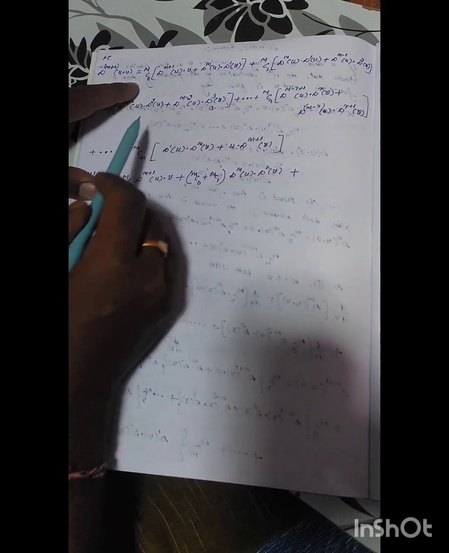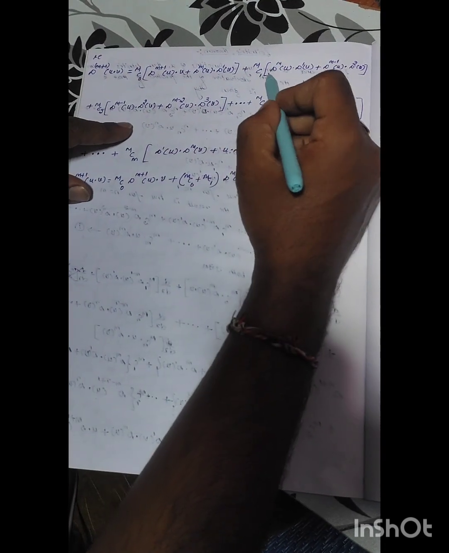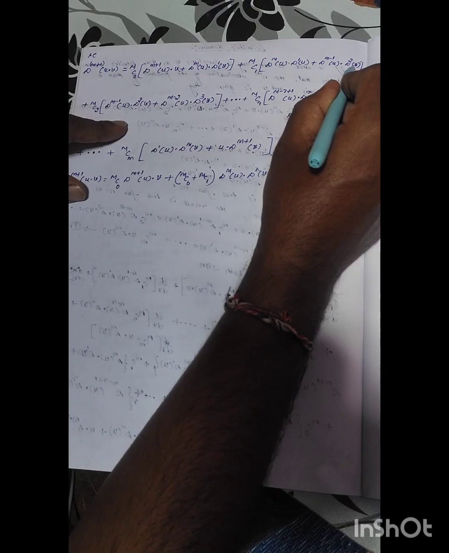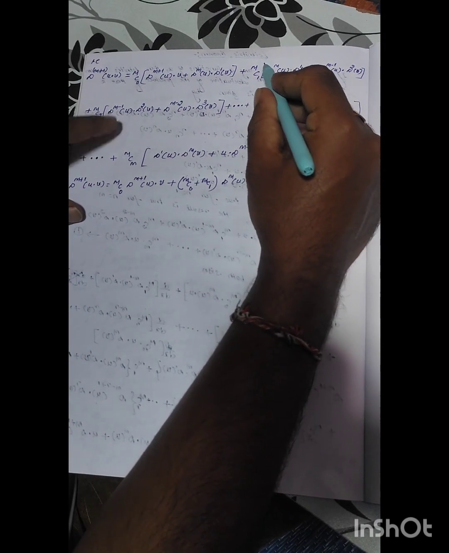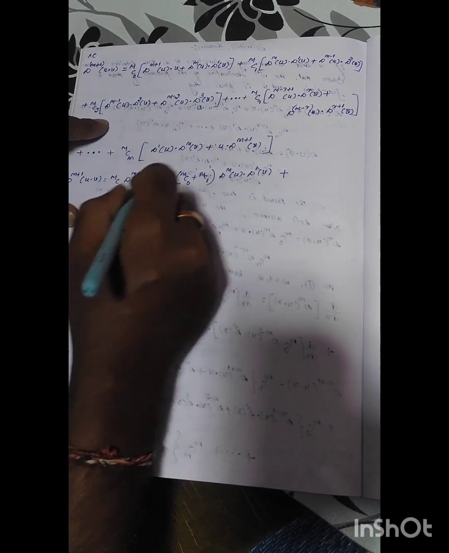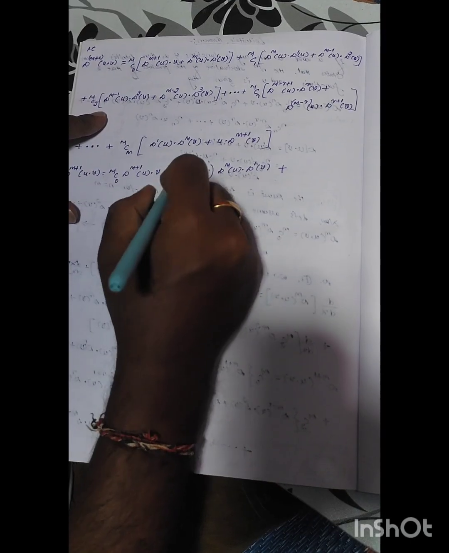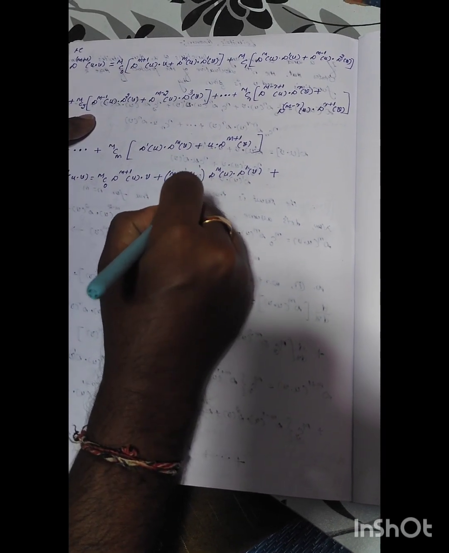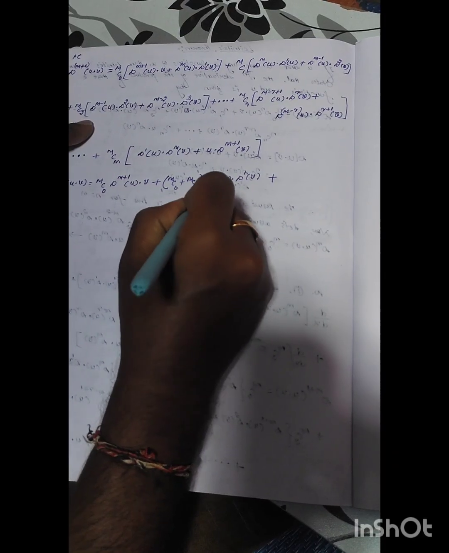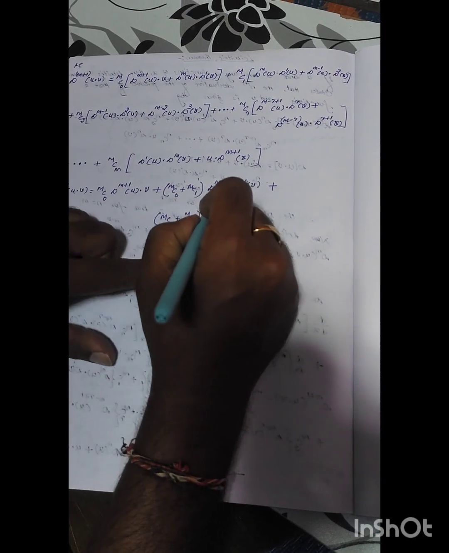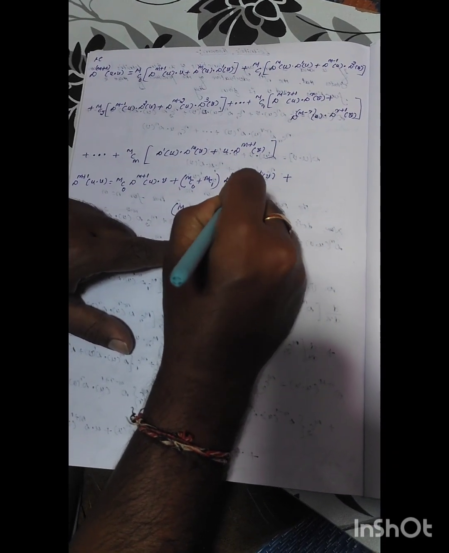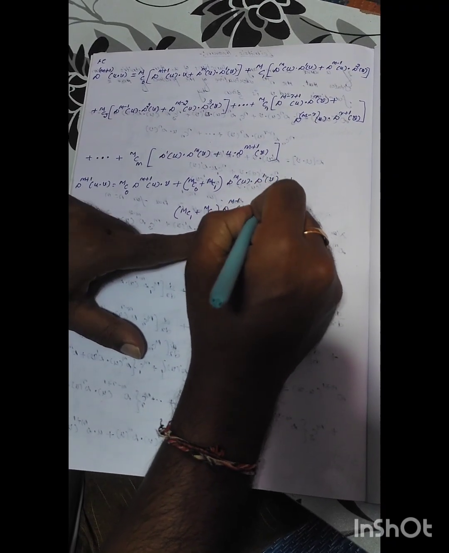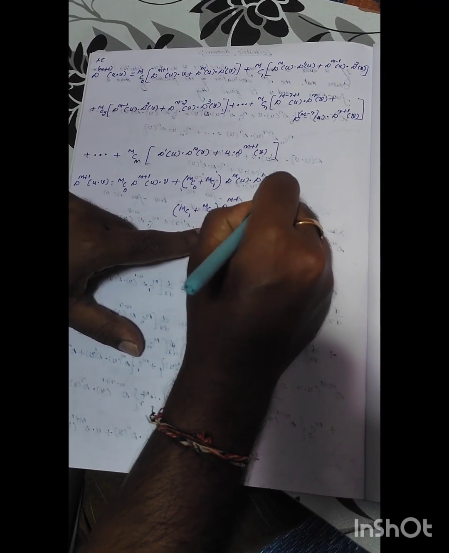In these two also I have the (m minus 1)th derivative of u and the second derivative of v common between mC1 and mC2. So I will write the same thing here. So that will be mC1 plus mC2 of, this will become the (m minus 1)th derivative of u into the second derivative of v.